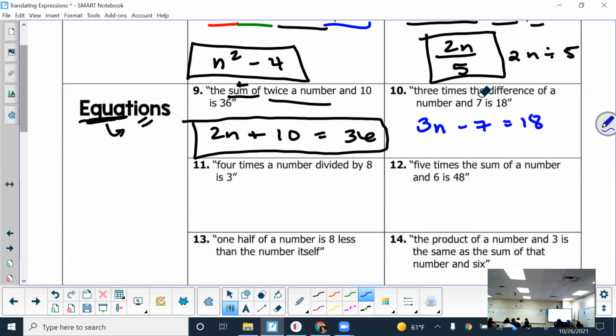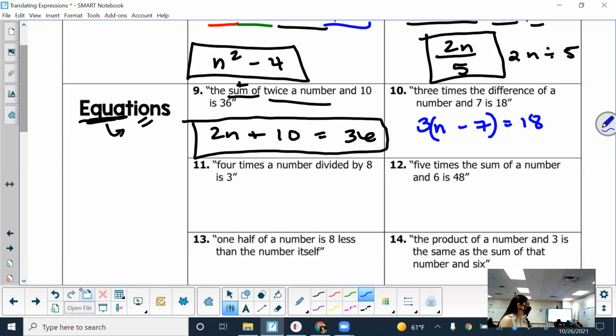Or I meant like parentheses. Parentheses around the n and the 7, right? All right, because if you look back at your grouping symbol words on the front page, anytime we do something to the difference of a number or the sum of a number and 7, then you have to group them first. But if I just wrote it without the parentheses, and I'll take them away right now, then what it's telling me to do without the parentheses is multiply it by 3 first, and then subtract, which is not correct.